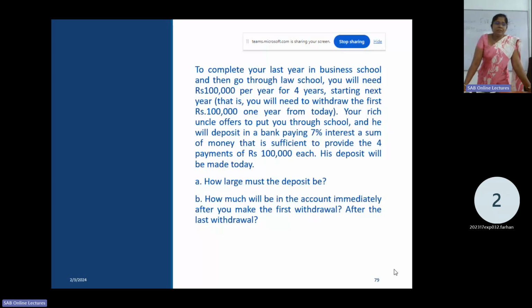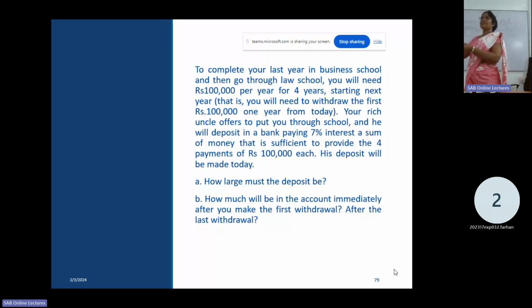You have a requirement of 100,000 for the next 4 years to pay for your college or law school. So your uncle deposits some money today that is sufficient for you to make these required payments. So you are asking what is that deposit amount?